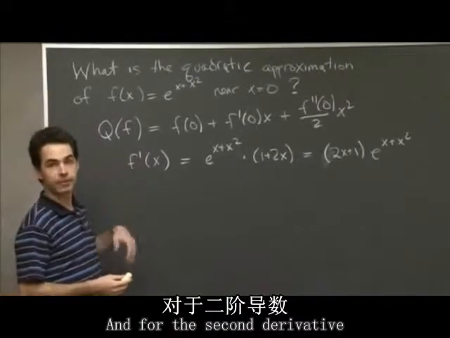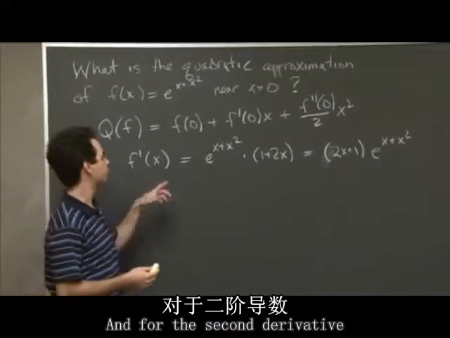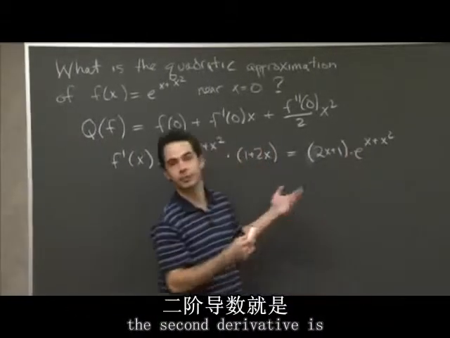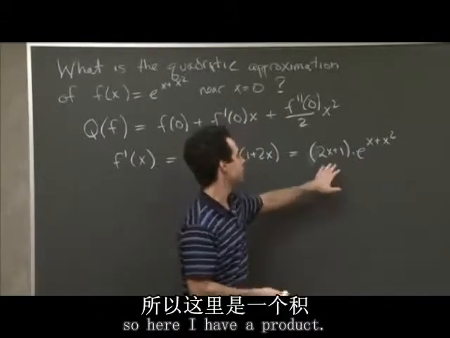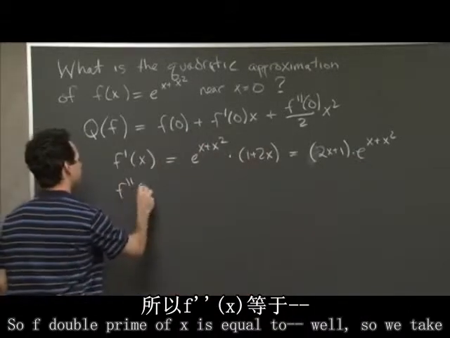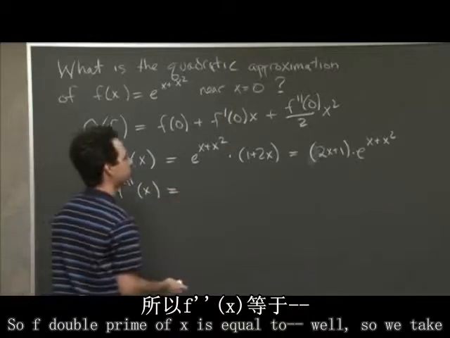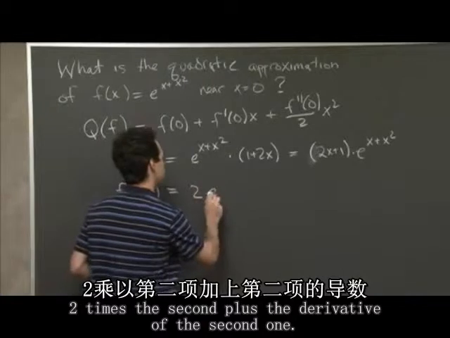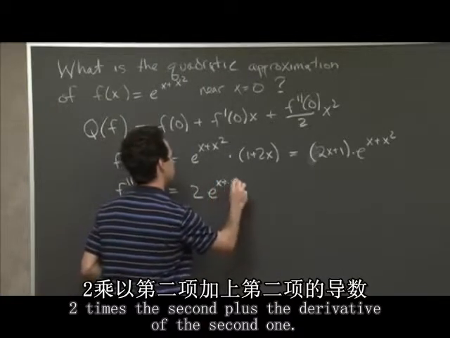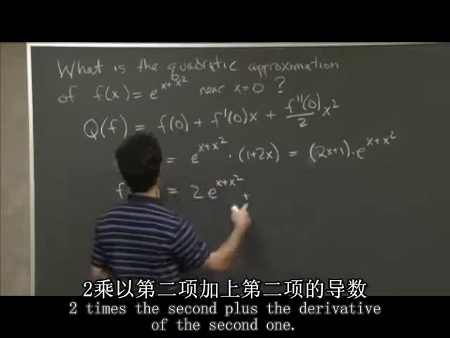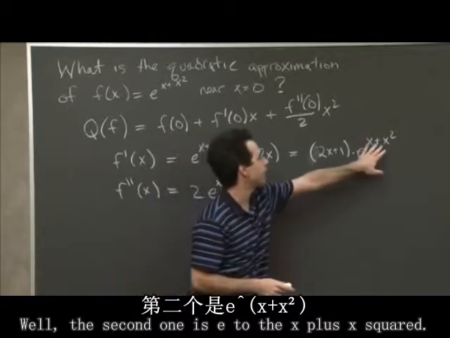For the second derivative, I can apply just the product rule here. The second derivative is the derivative of the first derivative, and here I have a product. So f double prime of x is equal to the derivative of the first one, which is just 2, times the second, plus the derivative of the second one. The second one is e to the x plus x squared.